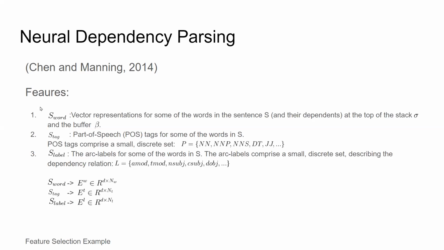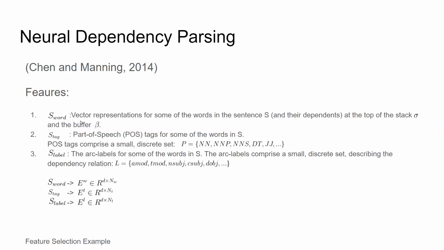However, in this neural network model, the configuration has not only words, but also part of speech tags, POS tags, and dependency arcs, which is written as S label here. The official explanations are listed here.